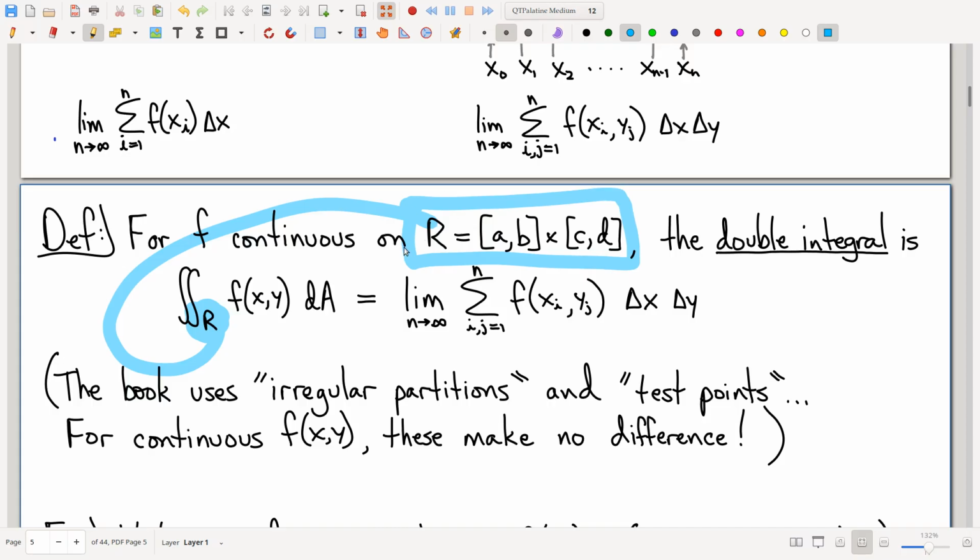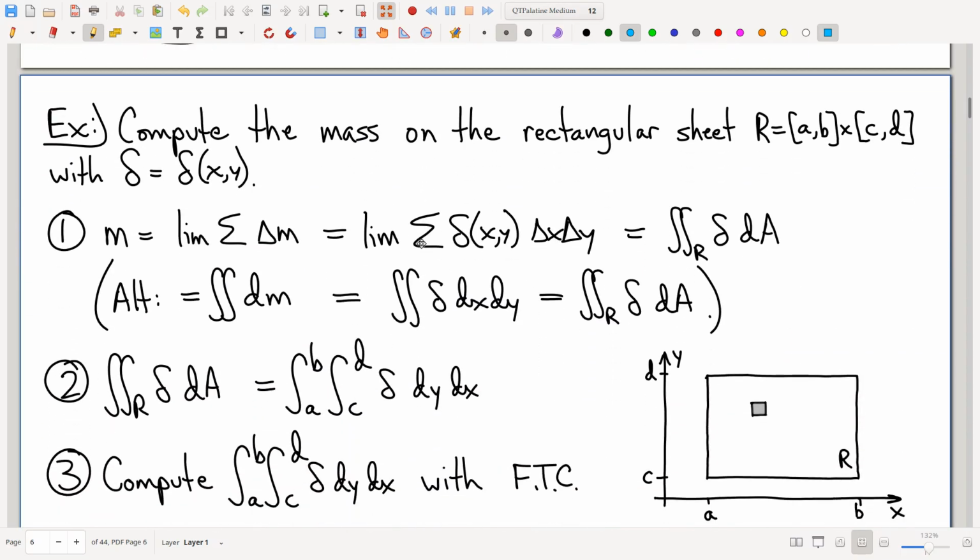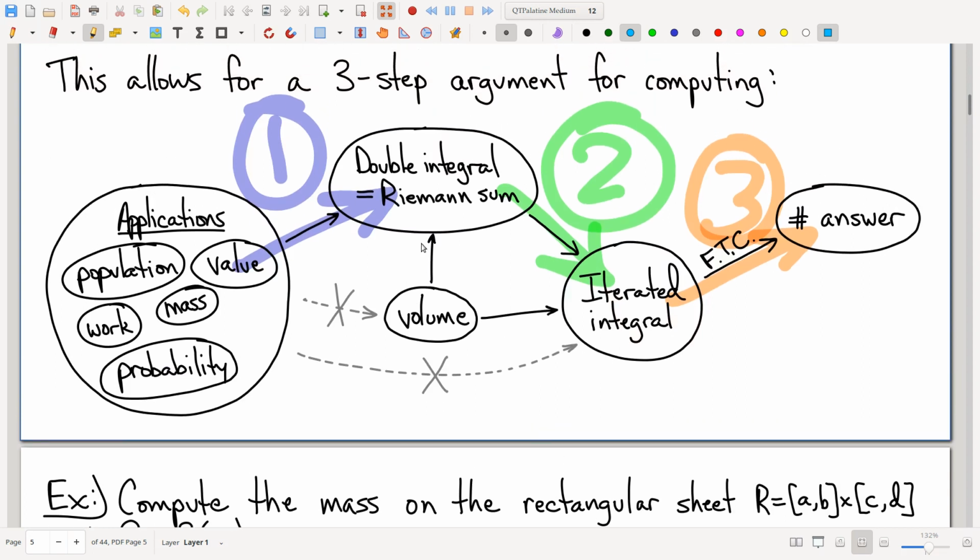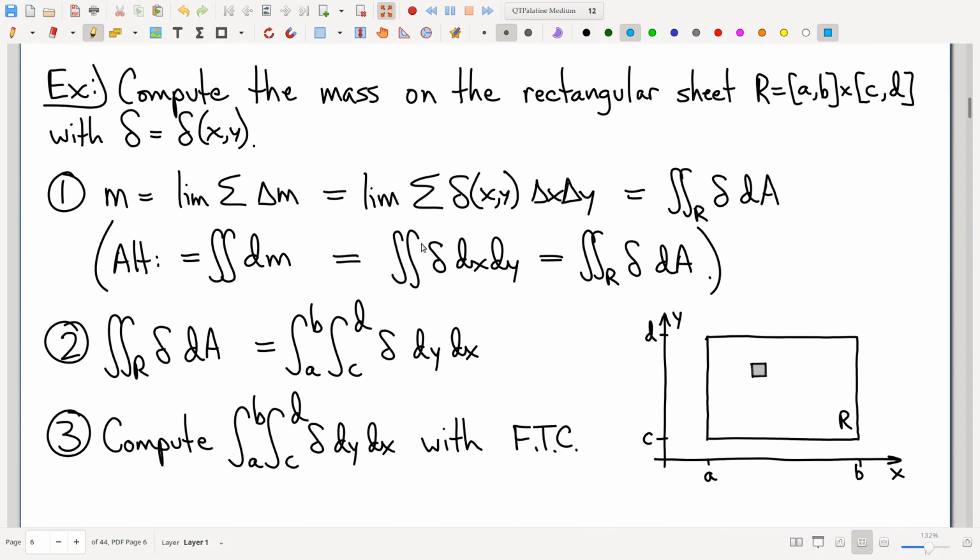Okay. So let's do one. And again, don't forget 3-step process. And again, for Math219 purposes, we've got to show the 3 steps because our argument needs to actually make sense. So probably saw this coming. We're going to compute the mass on a rectangular sheet where mass per unit area is given.